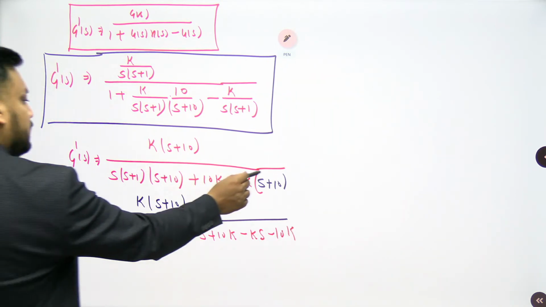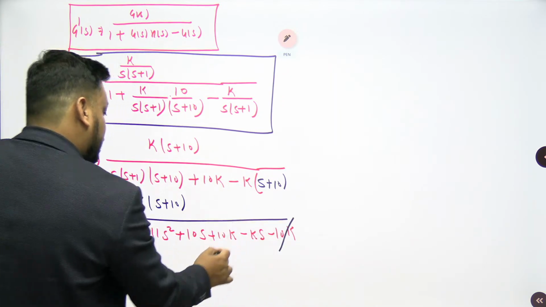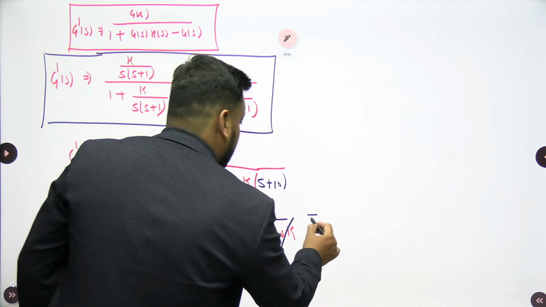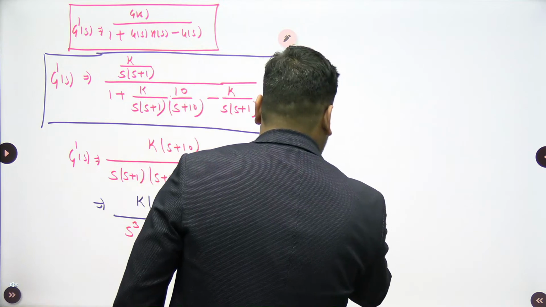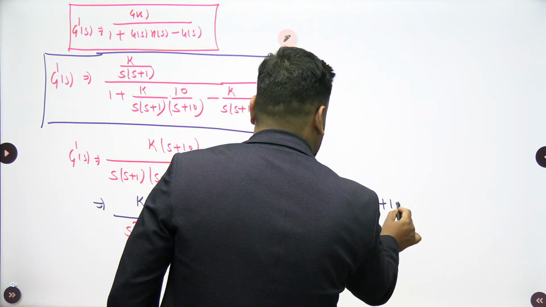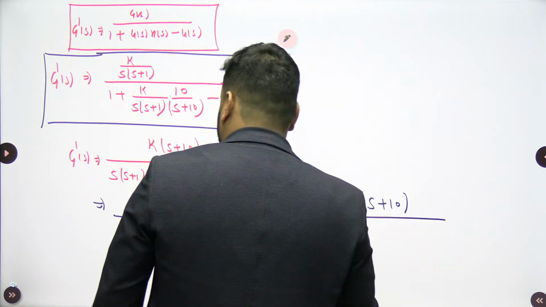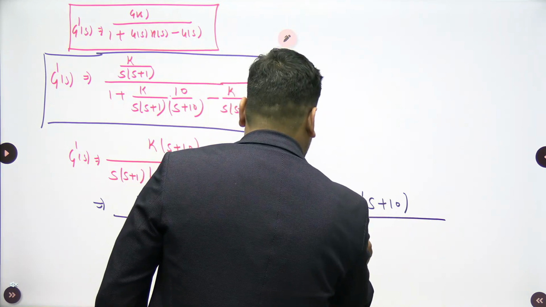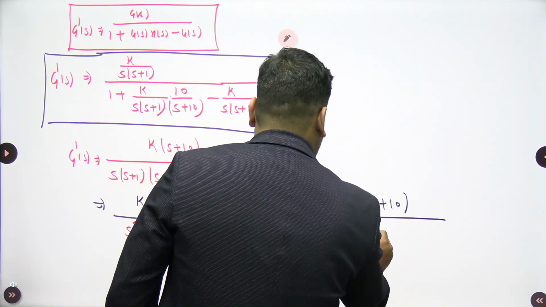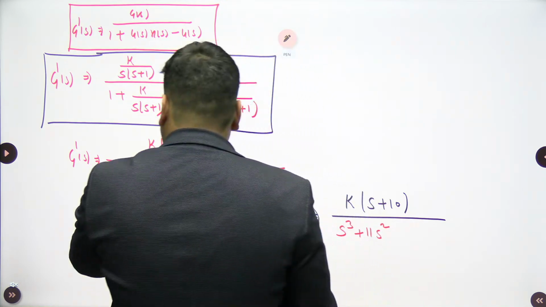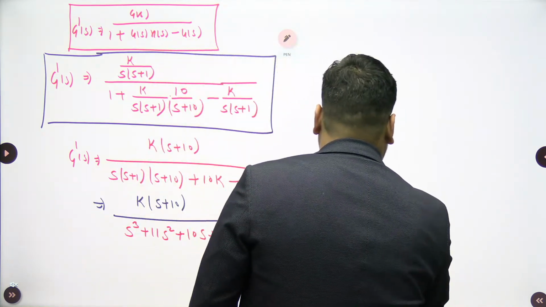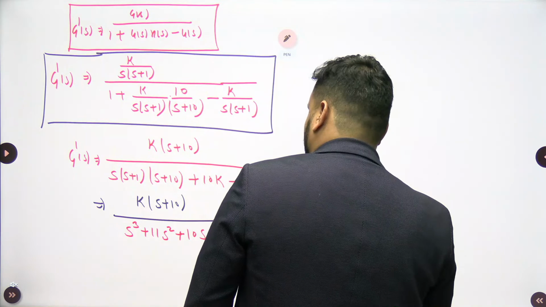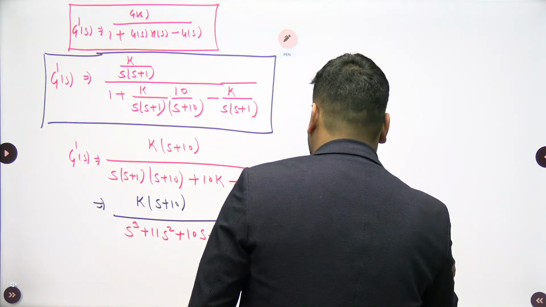So don't you think the 10K negative and positive will get cancelled out? So your ultimate term will be K into s plus 10 upon s cube plus 11 s square plus 10 s minus K s.